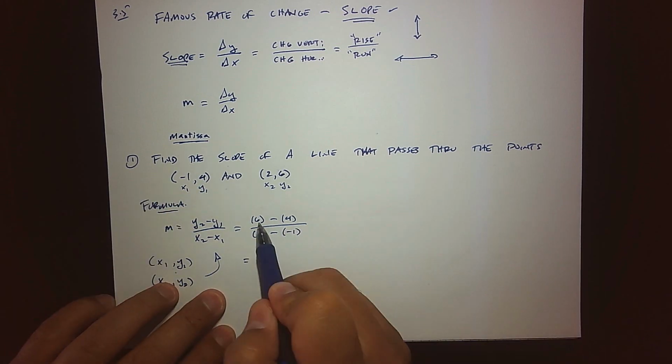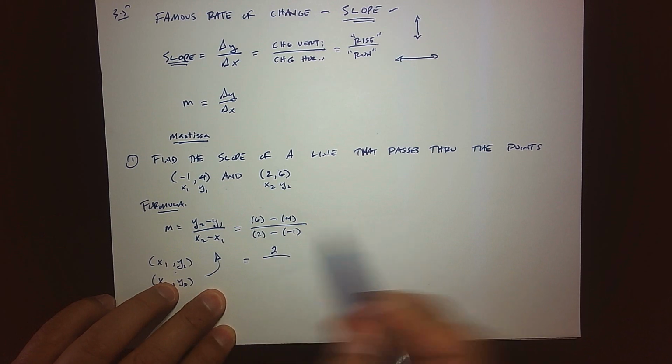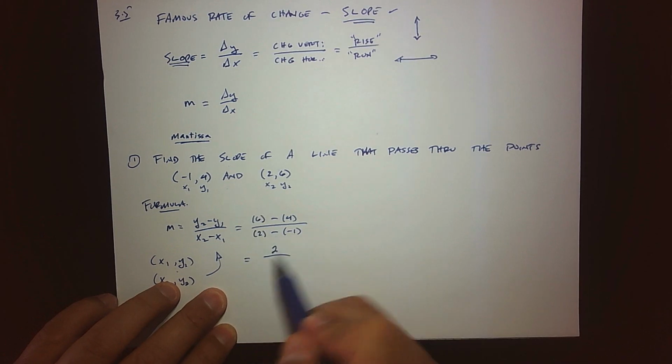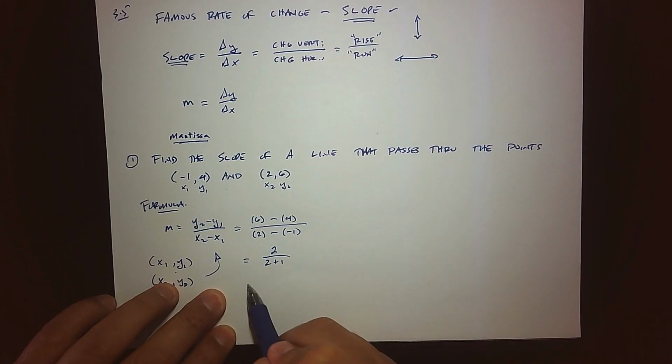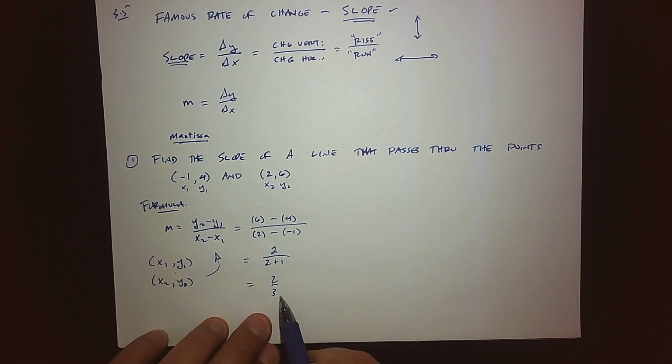Doing the math, 6 take away 4 gives us 2. When I say 2 take away -1, that's 2 plus 1, and so we get 2 over 3. This is basically saying that for every horizontal change of 3, there's a vertical change of 2. So yes, we're moving up.